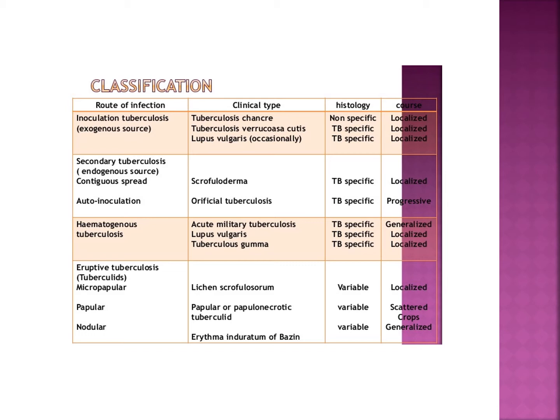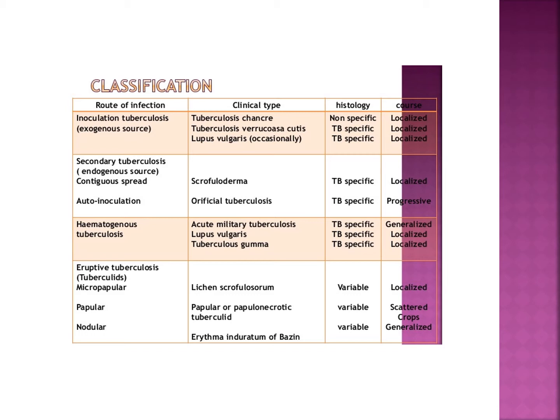Coming on to secondary tuberculosis, which is an endogenous source. If a patient is suffering from pulmonary tuberculosis, the patient can have manifestations on the skin.